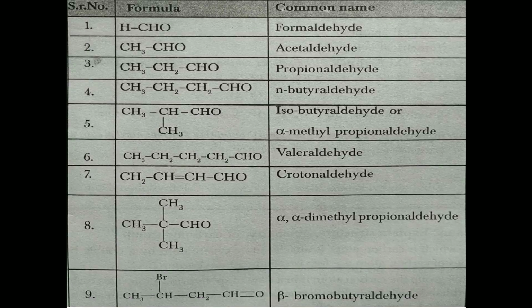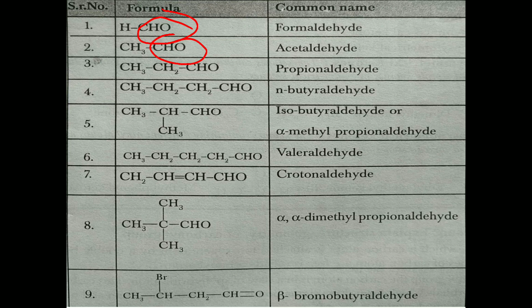Now we will see the common names of aldehydes using some examples. The formula of one compound is HCHO. All these compounds contain the common group CHO, known as the aldehydic group. As it contains a single carbon atom, the name is formaldehyde.